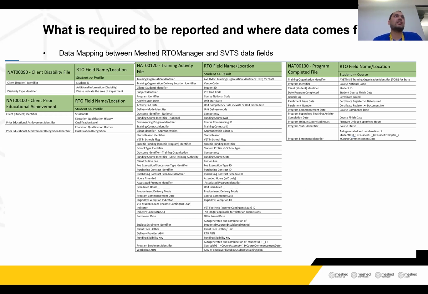By then, you may have received all the funding. But every time you submit your data, the system creates this file for individual students based on the unit activity, and you will be submitting this information.